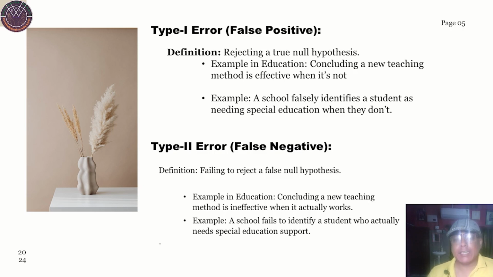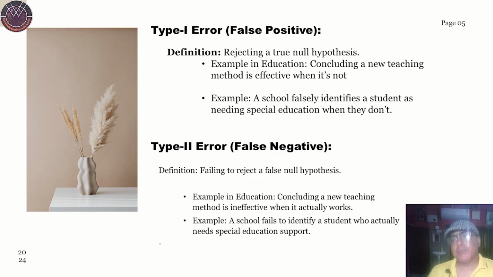The other error is type 2 error, or the false null hypothesis. That means you should reject the null hypothesis. That means in reality this method is working, the correlation is there, the effect is there, but you fail to detect it.